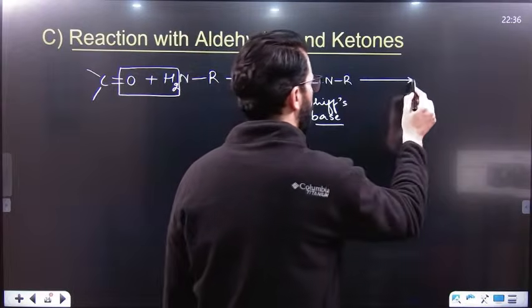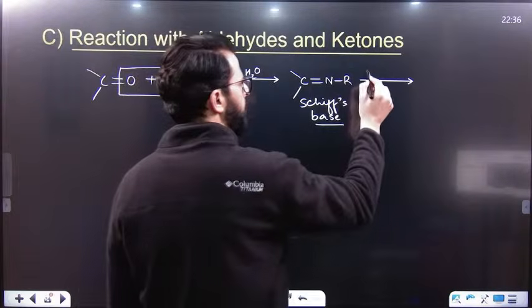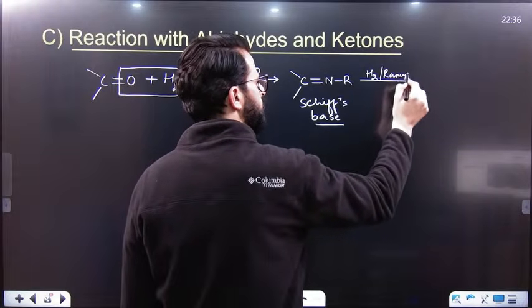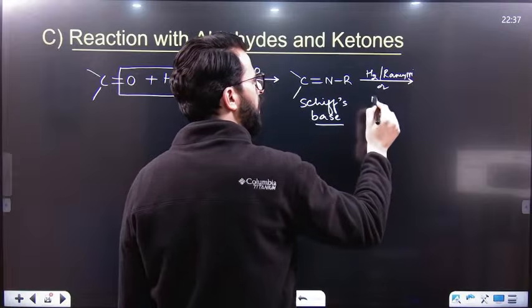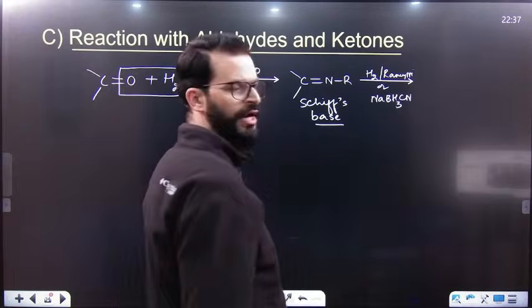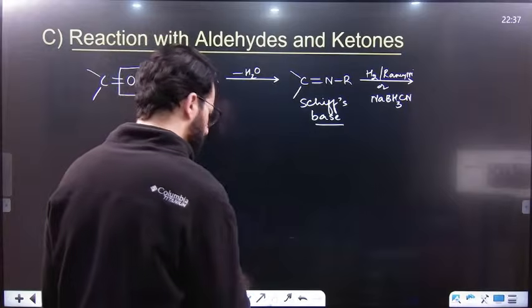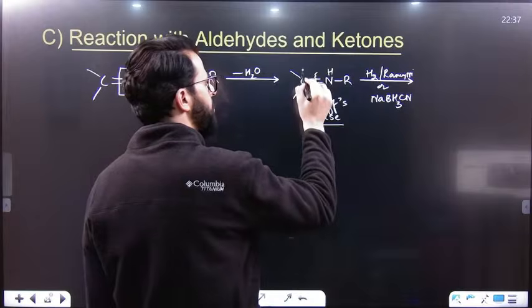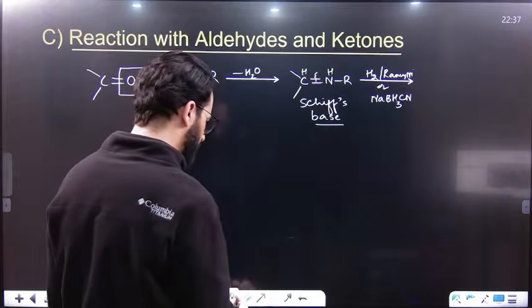Now, this upon reduction by using Raney nickel or sodium borohydride or sodium cyanoborohydride, what we have to do? We have already studied this reaction. Add hydrogen and hydrogen over here by removing one pi bond.